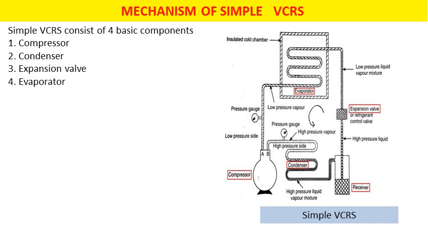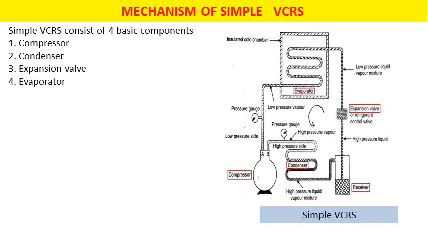The compressor compresses the refrigerant, means it reduces its volume and increases its pressure, and if the pressure increases, the temperature of the refrigerant also increases. That means in the inlet port of the compressor, the low temperature, low pressure vapor refrigerant is converted into high pressure, high temperature vapor refrigerant. Now this high temperature, high pressure vapor refrigerant passes to the cooler, that is called the condenser.